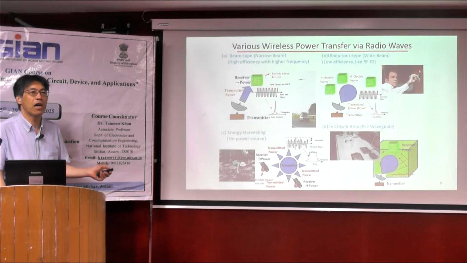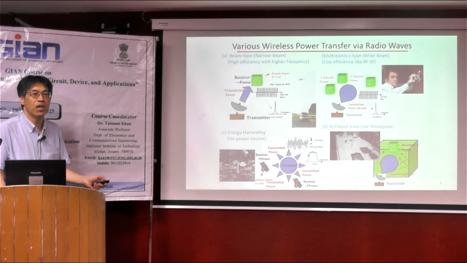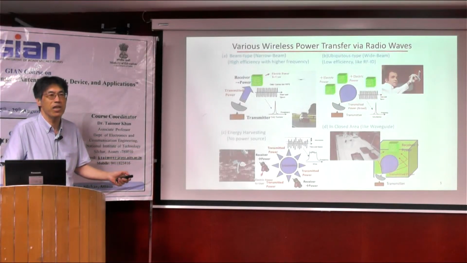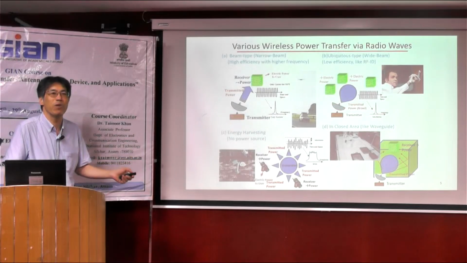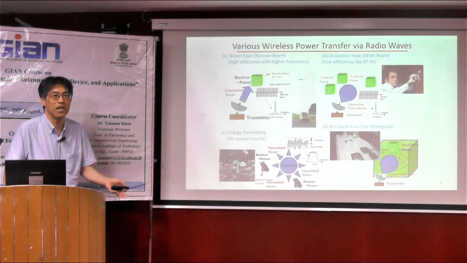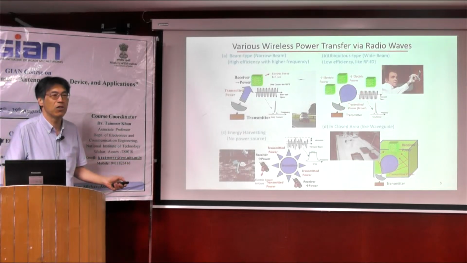Additionally, as Professor Khan mentioned in the previous talk, energy harvesting is one of the wide beam technologies. The difference between the wide beam and energy harvesting is the existence of the energy source itself. For the wide beam WPT, we must put a special transmitter. But for energy harvesting, we use ambient radio waves from Wi-Fi, TV, or others. So we categorize wide beam and energy harvesting as the same WPT system.